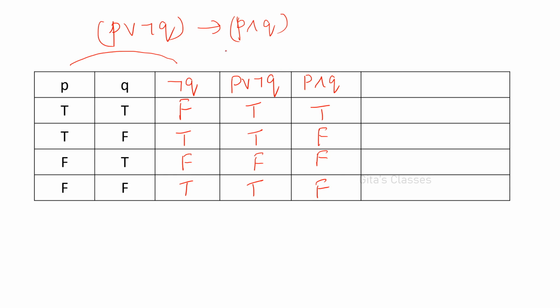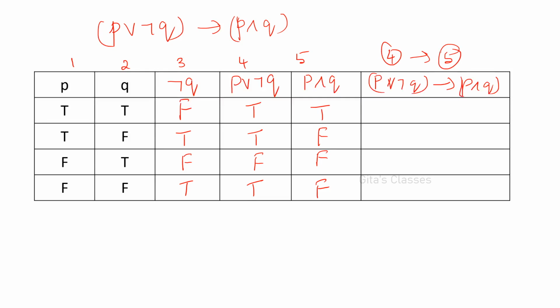If it is a very big expression, you can number the columns 1, 2, 3, 4, 5. Instead of writing the given expression, P or not Q conditional P and Q, you can write 4 conditional 5. It will be easy for you.